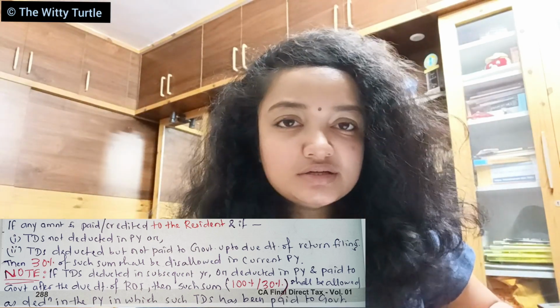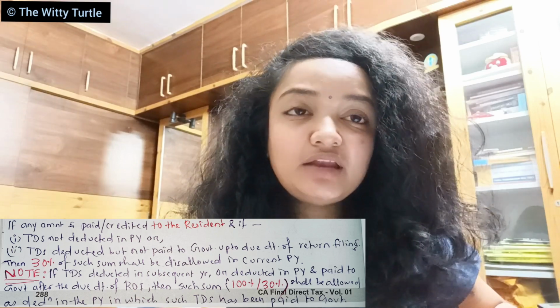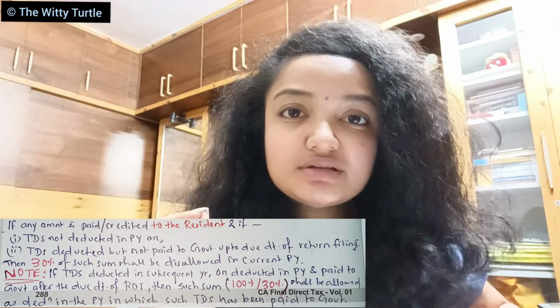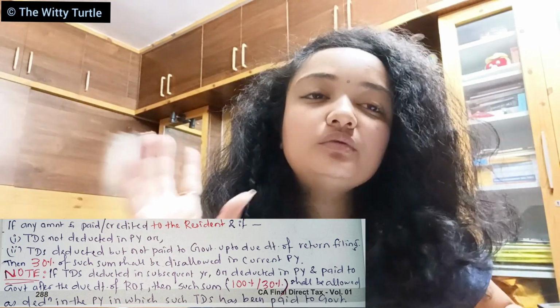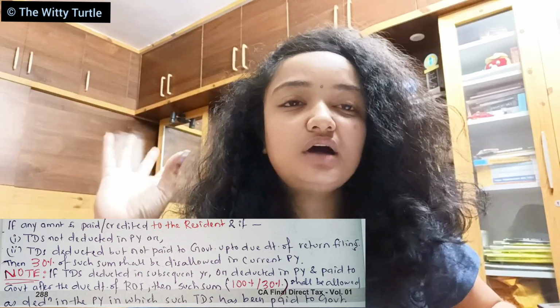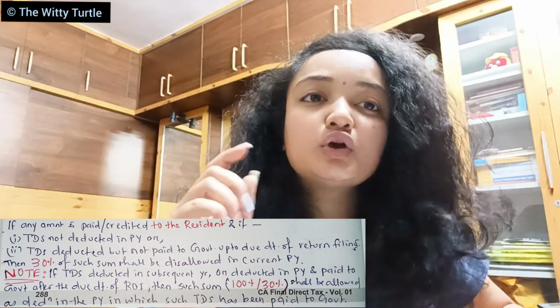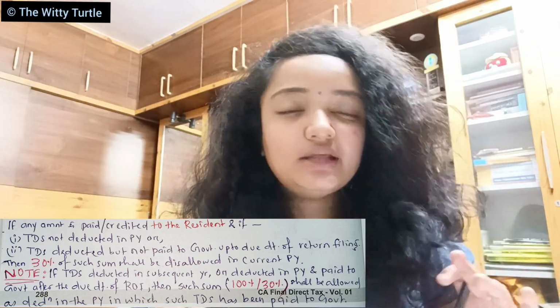In the earlier section, for non-residents and foreign companies, it was 100% disallowed, but in case of a resident, it is 30% disallowed. If you are wondering why that was 100% and now this is 30%, we will come to that after understanding the entire section.